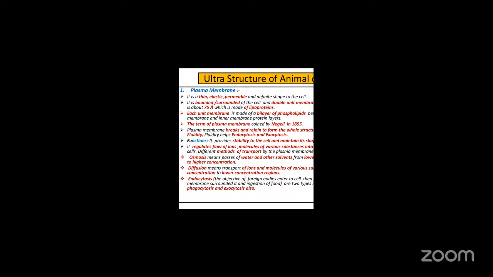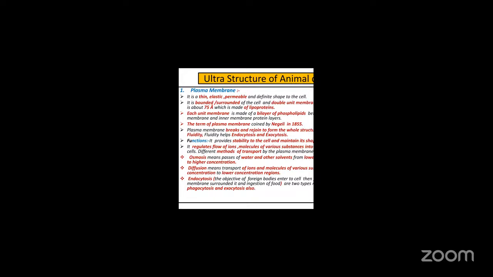Permeable in the sense that the transfer of ions, water, and solutes has to take place between cell to cell. Since it is permeable, it will allow only a few substances to enter into it.